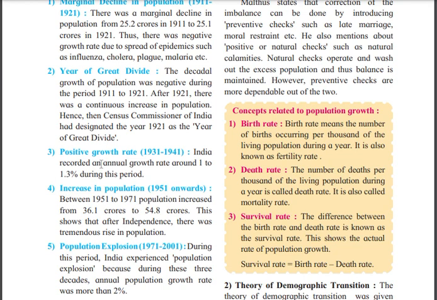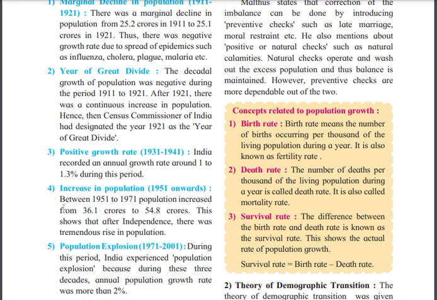So the population increased from 1951 onwards, 1951 to 1971. The population increased from 36.1 crores to 54.8 crores, and this shows that after independence there was a tremendous rise in population, right? So this is the time period where India increased its population.